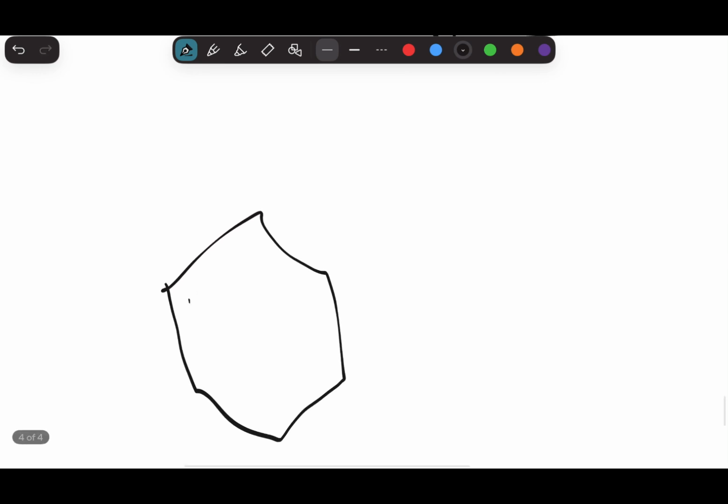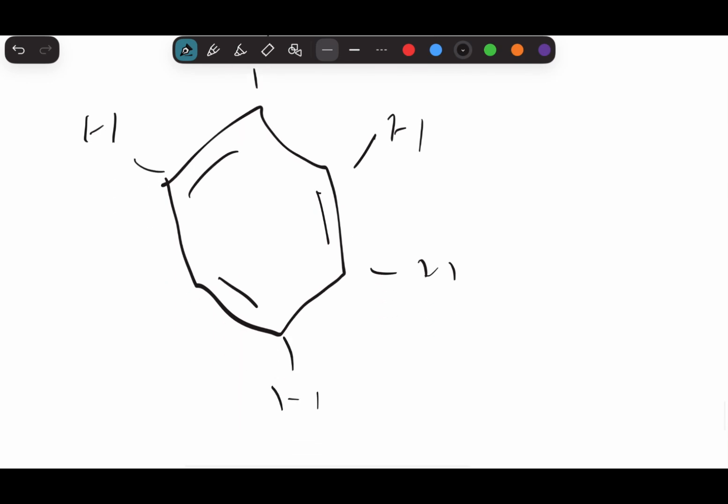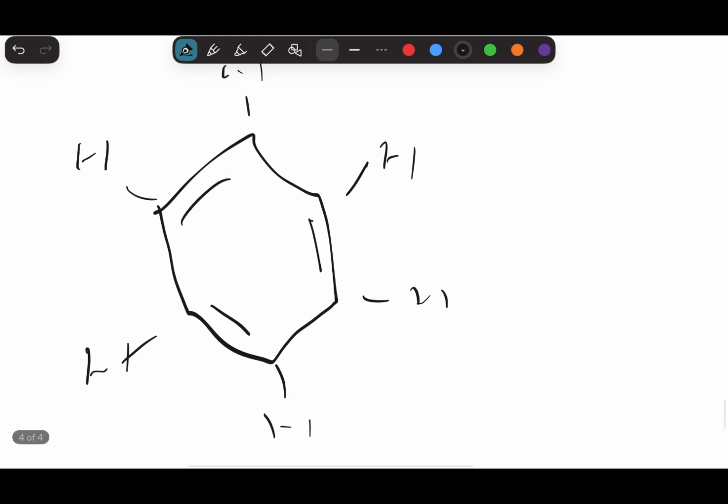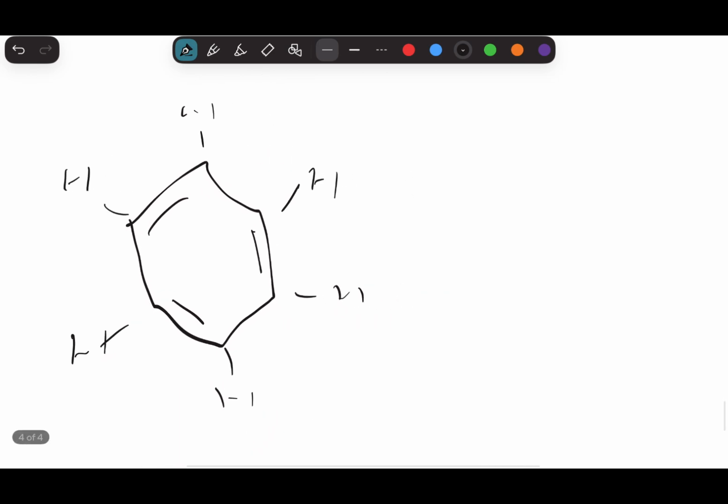Benzene ring, so it has 3 double bonds like this, and the rest are hydrogen. Okay, and this is an electrophilic substitution reaction. So you see this is a benzene plus an electrophile. E is an electrophile.